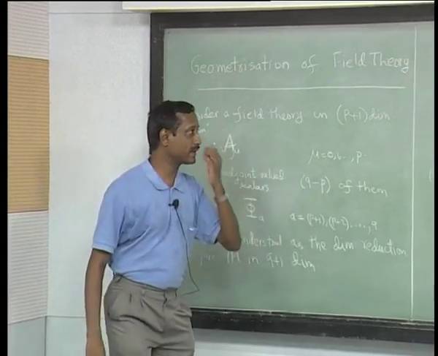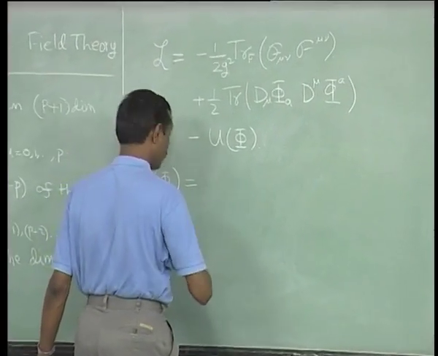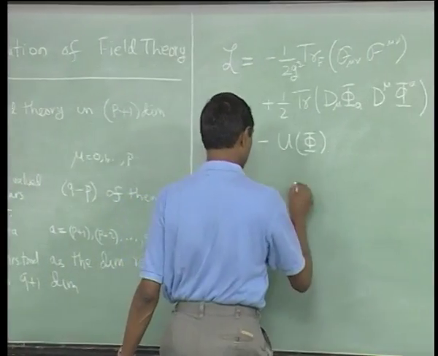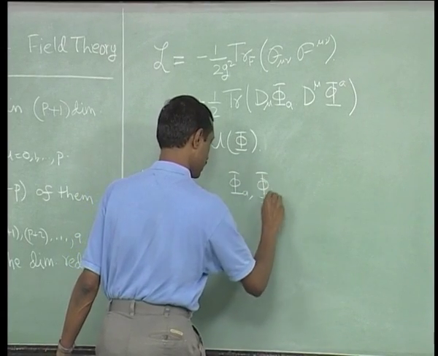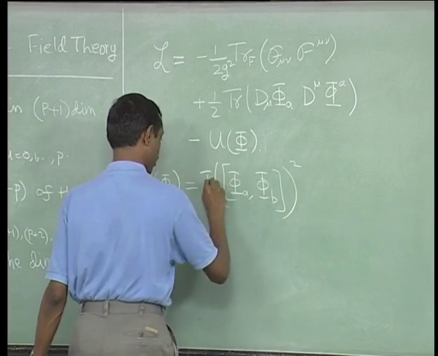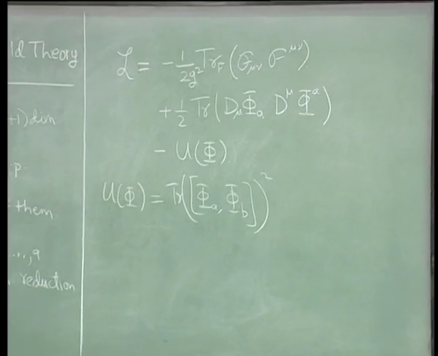So, U of phi will be, as we had discussed, something like phi A, phi B, take its commutator, whole square, and a trace. Okay.